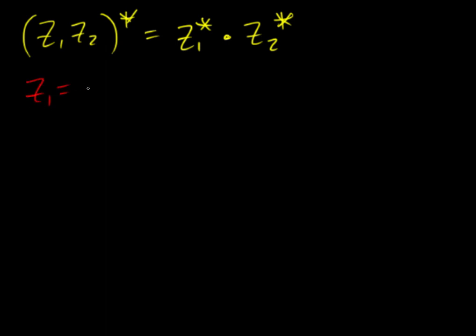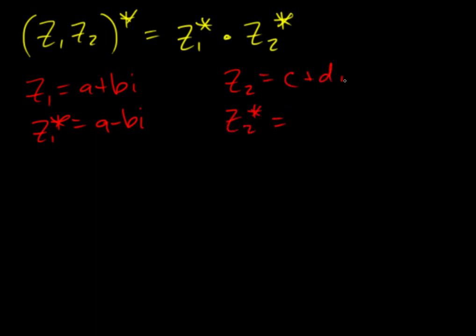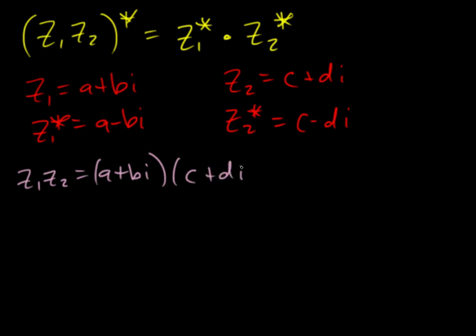So z1 is a plus bi. z1 conjugate is a minus bi. z2 is c plus di, and z2 conjugate is c minus di. On this side we multiply the originals first. So z1 z2 is going to be a plus bi times c plus di.